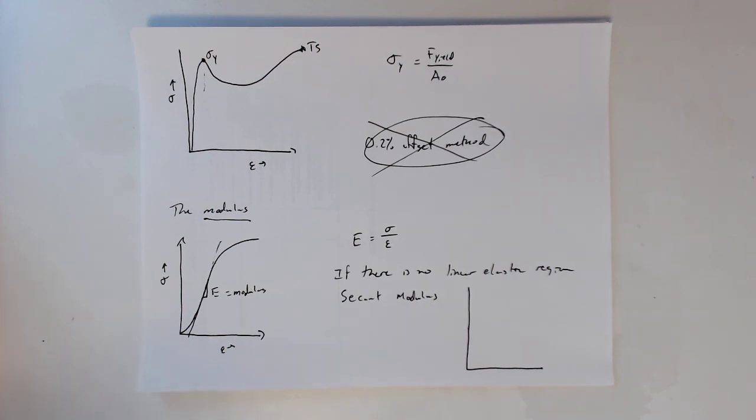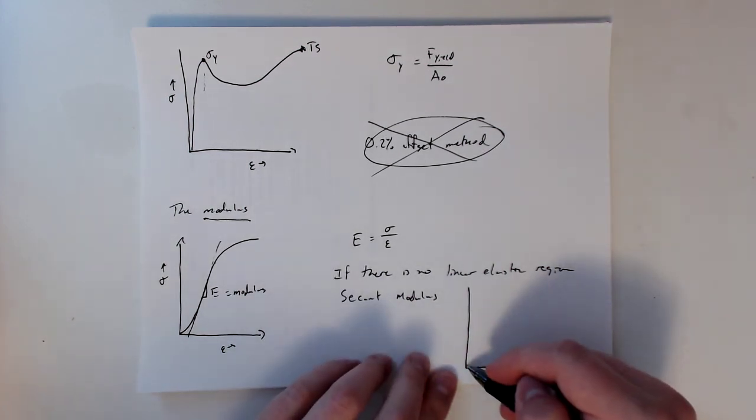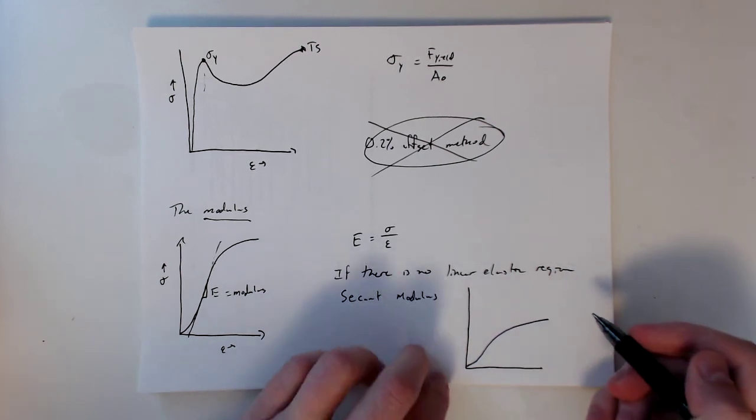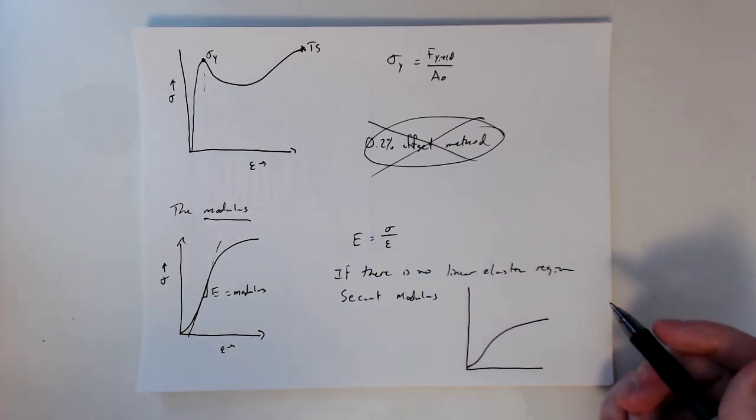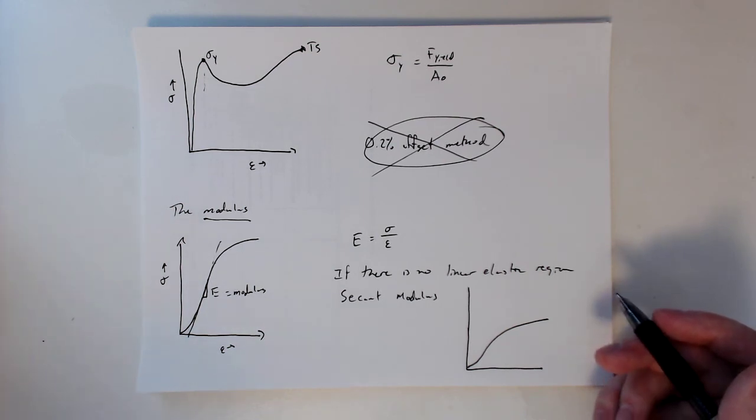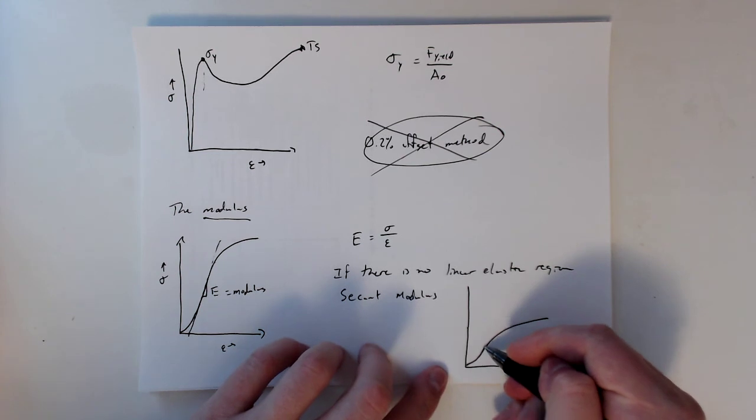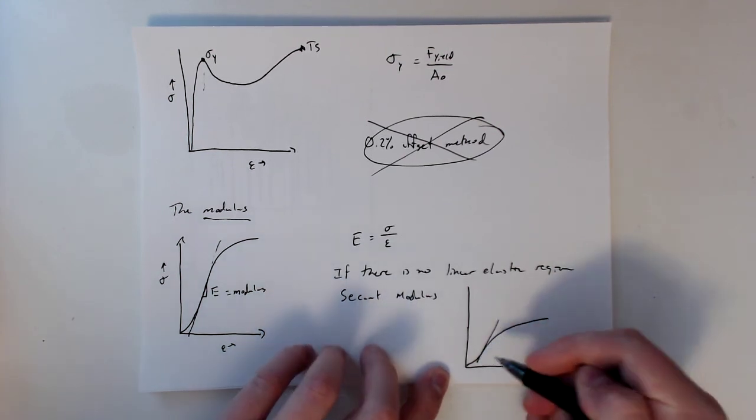So we have something that looks like this. And so we have to basically find the maximum slope. And so that's this portion here.